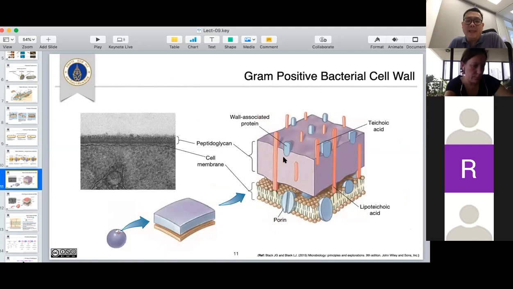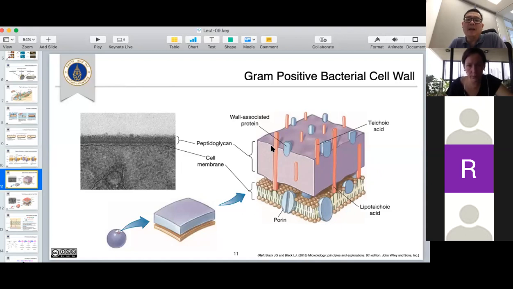The cell wall is quite thick, much thicker than the membrane, okay? And the cell wall is exposed to the outside of the cell. The composition of the cell wall contains a polymer. You need to remember this. This polymer is called peptidoglycan. Unlike other organisms, like plants use cellulose, fungi use something else, but bacteria use peptidoglycan. Okay, it's the main substance in the cell wall.